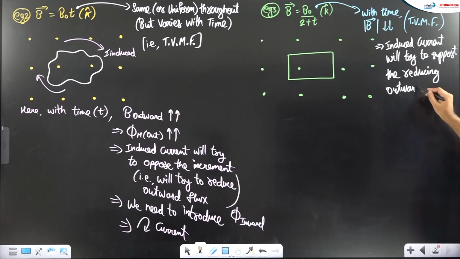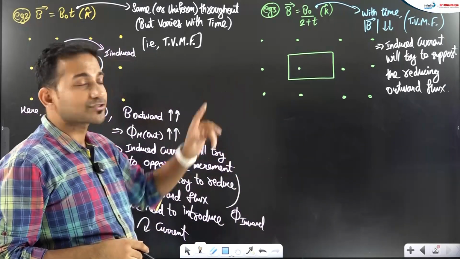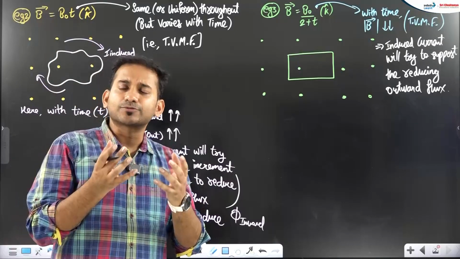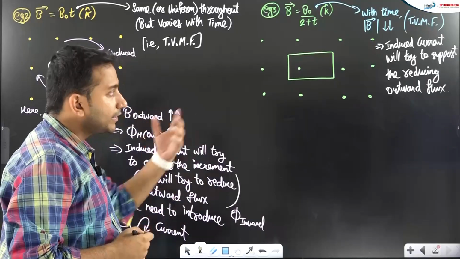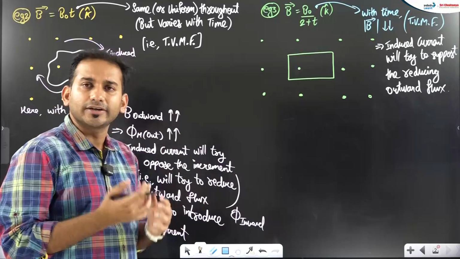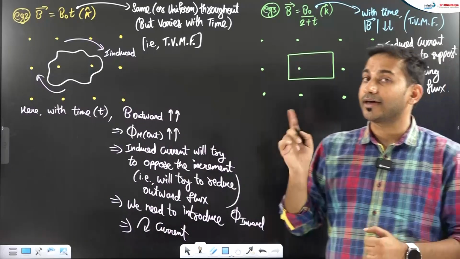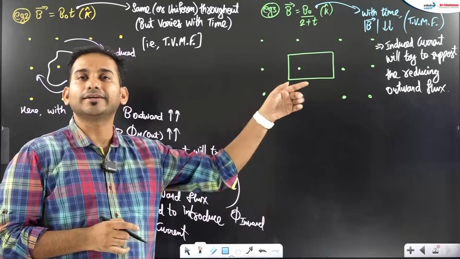See, the flux linked was outward, there is no doubt in that. The flux linked is outward, and this outward flux is not constant with time, it keeps on decreasing with time. If the outward flux keeps on changing with time, there will be an electromagnetic induction, there will be an induced EMF, there will be an induced current, but this induced EMF and induced current will be in such a way that it will again be responsible to oppose the change which was in return creating it.